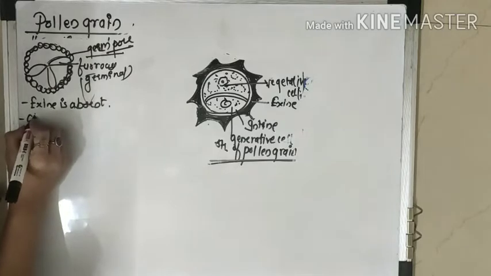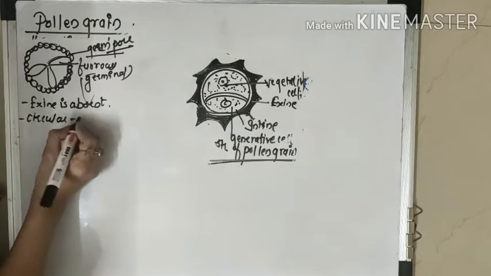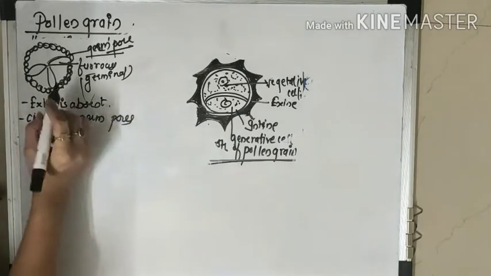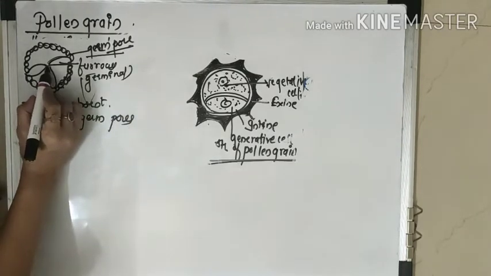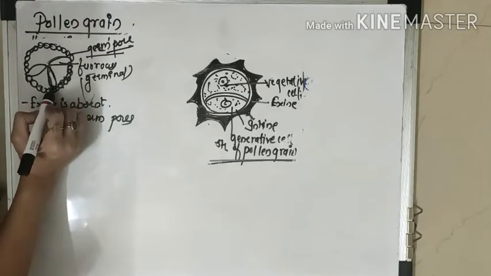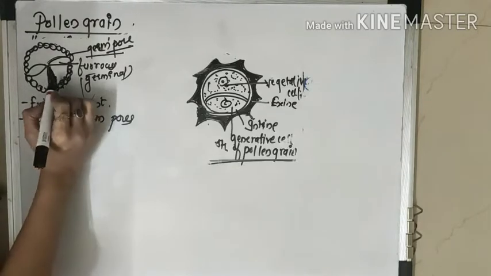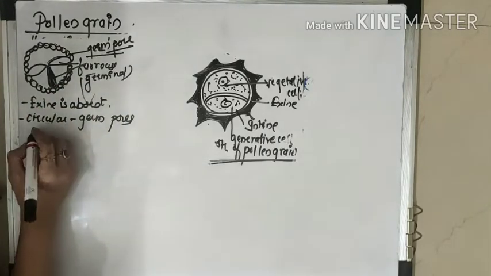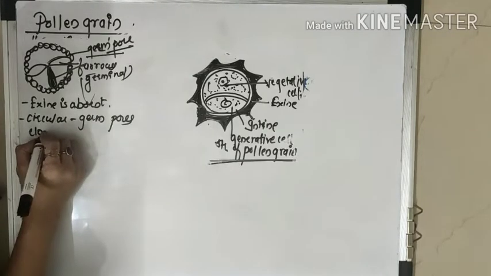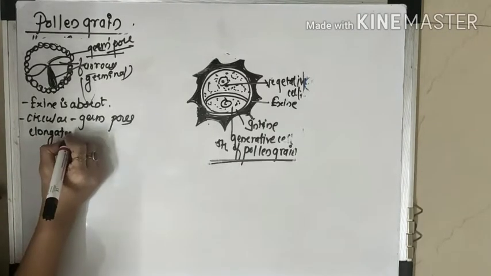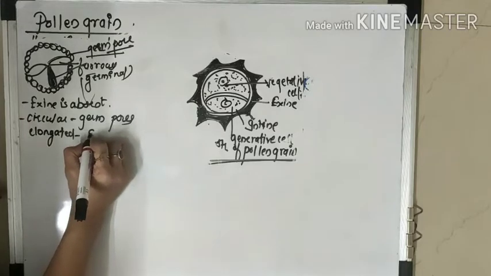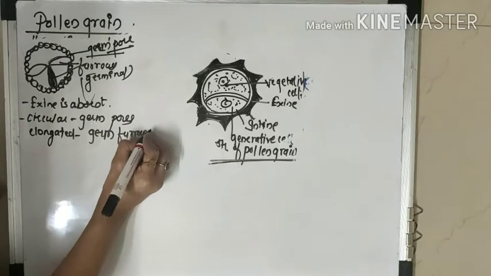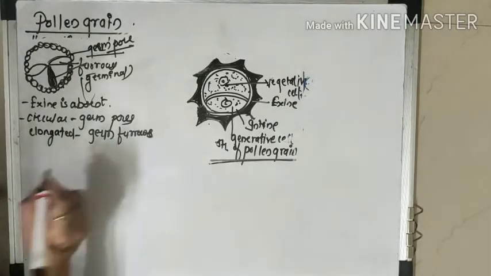If the area is circular, it is called a germ pore. When the area is elongated, that elongated area is called a germ furrow, the germinal furrow. Understood?